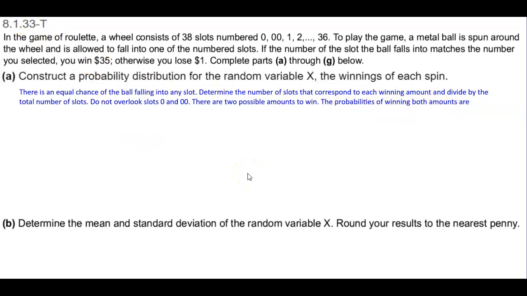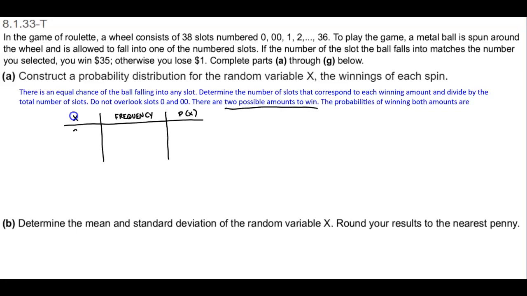So what we have is x, and then we have the frequency, and then the probability of that occurring. So we have two possible amounts to win.